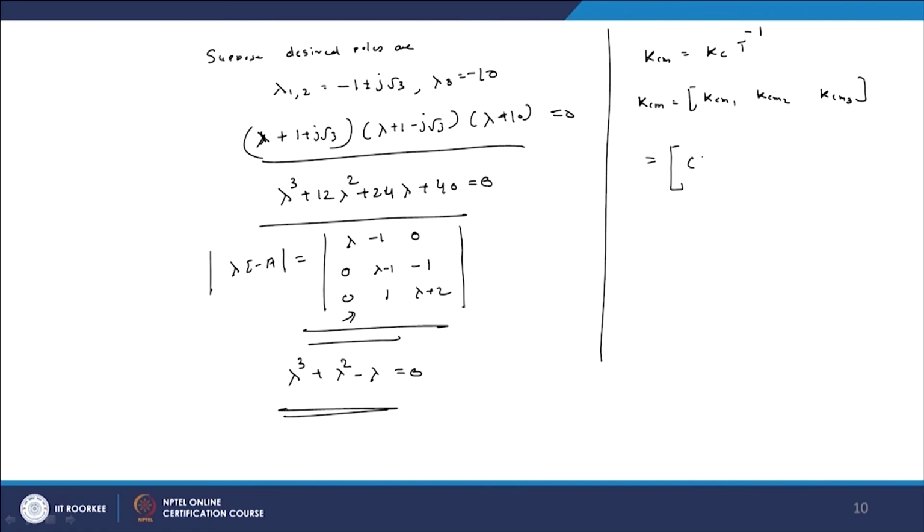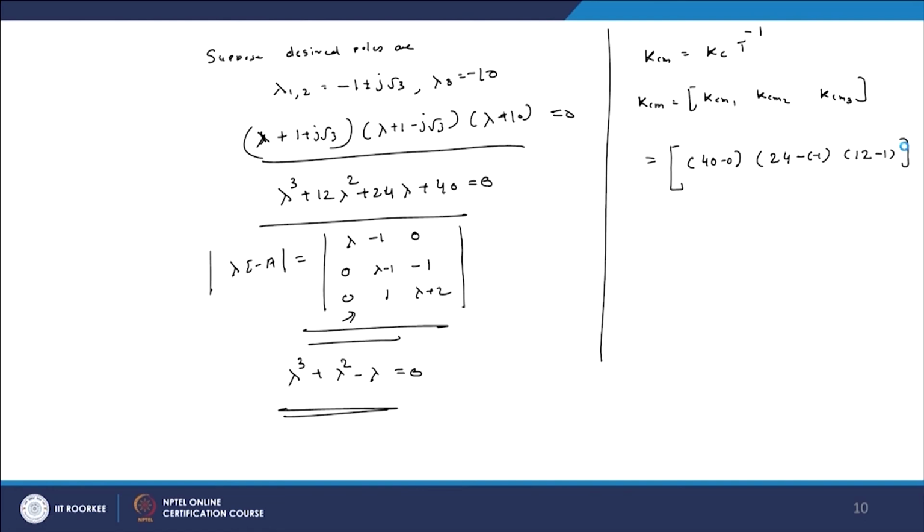So, we get KCM1 as 40 minus 0. Coming to KCM2, this is 24, and here lambda is minus 1, so we get 24 minus of minus 1, and lastly 12 minus 1.